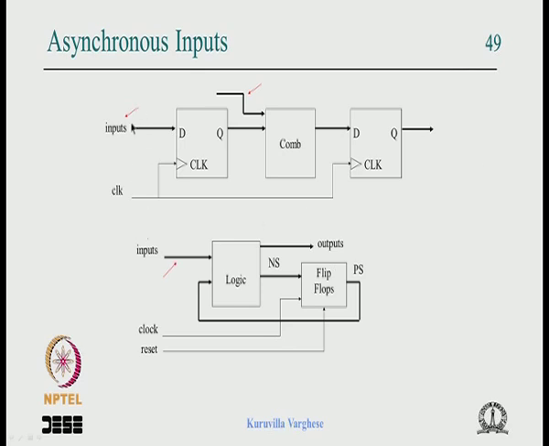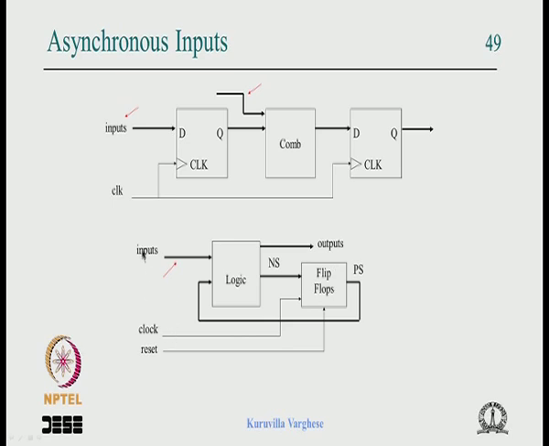But at some point, some data from the external world or another data path comes in, and in an FSM there are inputs, mainly from the data path, but we are not sure of the frequency of the clock from where this input is coming. It may not be the same.